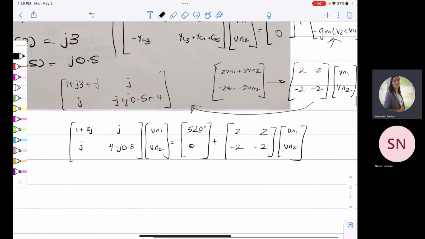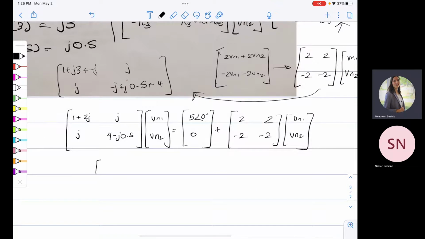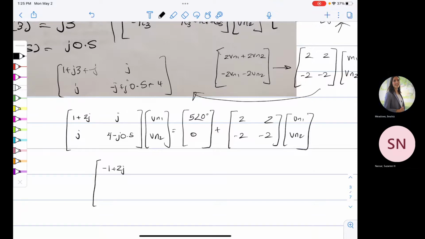So now, whenever we subtract, what is going to be our next matrix? This one. There's the next one, 2 plus j. Okay.